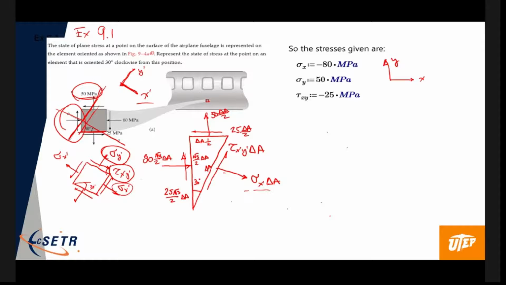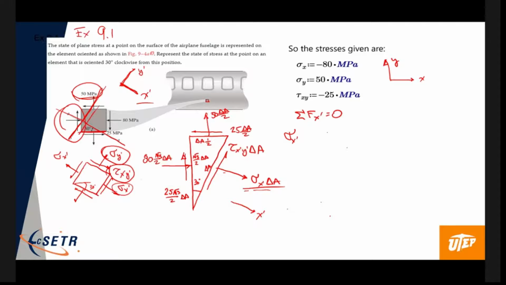So let's do, on this free body diagram, sum of forces in the x prime direction equal to 0, okay? So super quick. Again, I'll drop the delta A's. I get a sigma x prime on that face. I'll go to the top face.